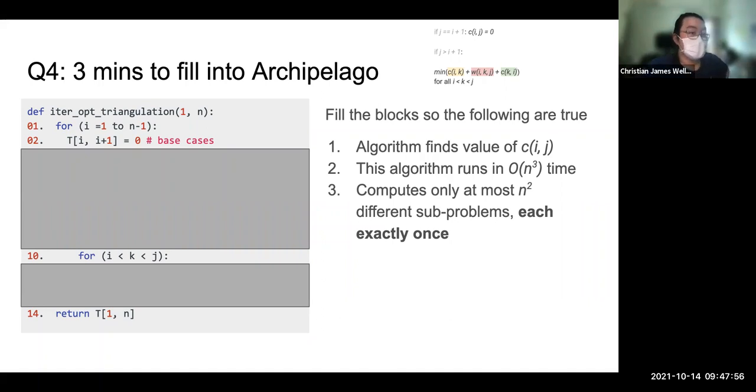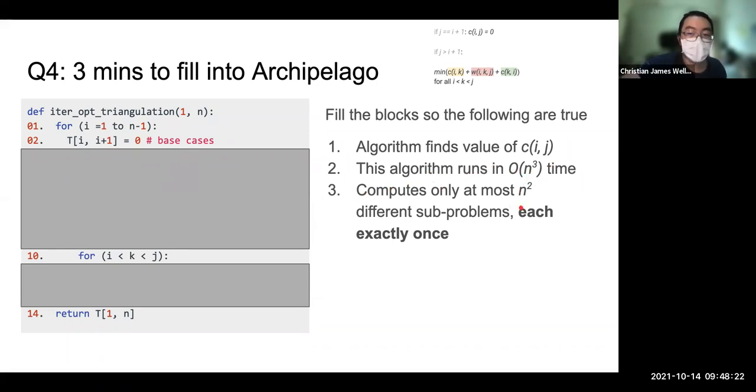Okay, nice. So I see a lot of people having no idea, and I think let me just go through it, because if I wait for too long, then everyone will say no idea, and it's okay. So the goal of this question is that we want to find the value of Cij, and we want it to run in O(n cubed) time.